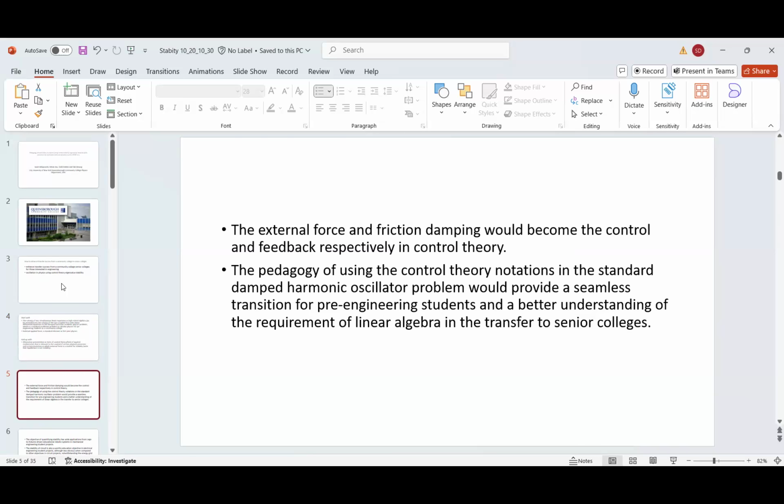The external force and the friction damping would become control and feedback in control theory. The pedagogy of using control theory notation in the standard damped harmonic oscillator problem provides a seamless transition for pre-engineering students and a better understanding of the requirement of linear algebra in the transfer to senior college.